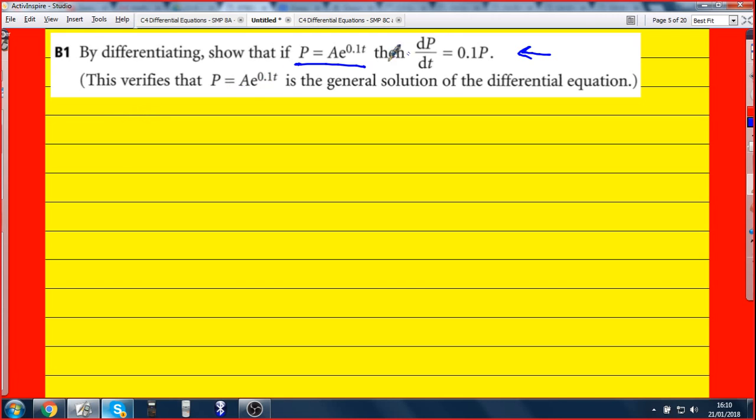Well, you have to find dp/dt, and so if you have ln p, that might be more difficult. So I'd literally just go dp/dt. Anything you notice there?